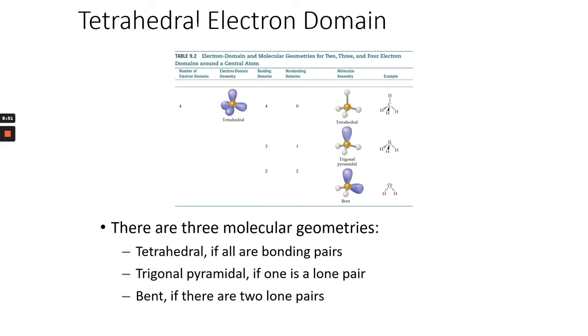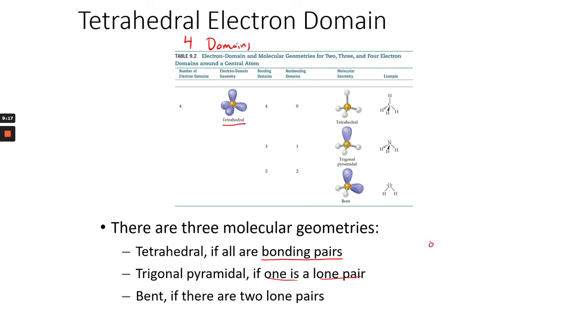Next is our tetrahedral, one of our more common ones. This has 4 domains, and there are 3 molecular geometries you could have. Your electron domain geometry, if you have 4 domains, is always tetrahedral. But what you actually see, the molecular geometry, could be tetrahedral if all of your domains are bonds. If you have 1 lone pair, then it's called trigonal pyramidal.